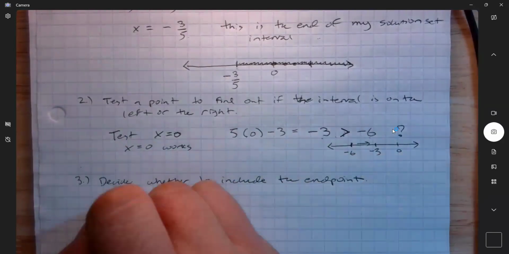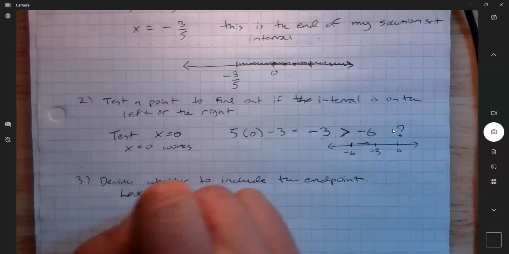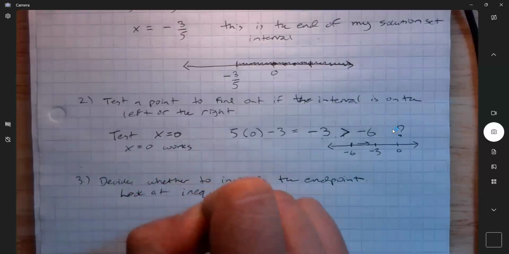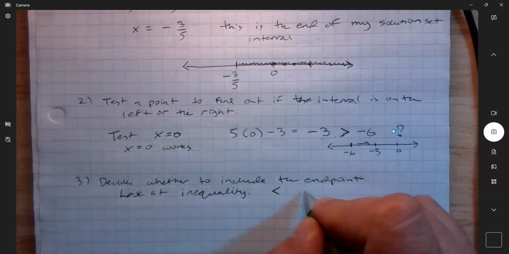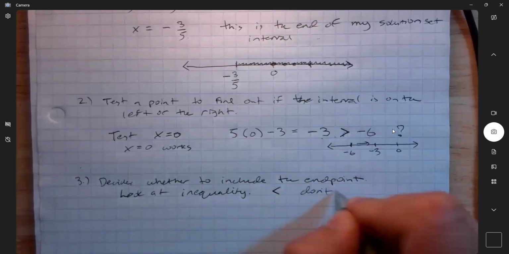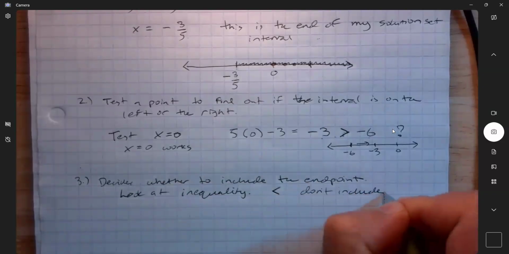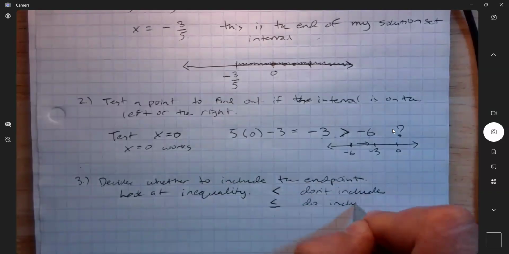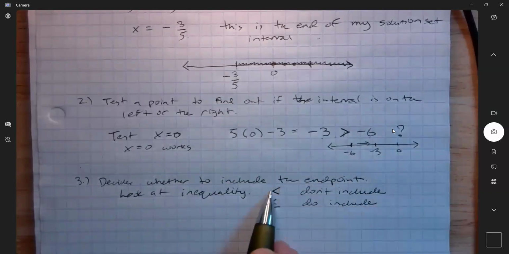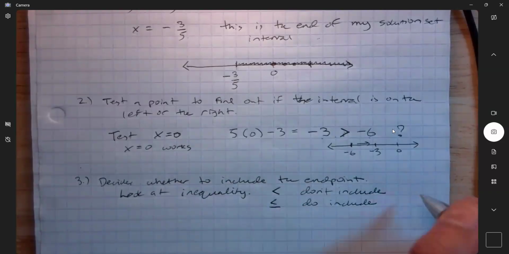From this, you look at the inequality. If it looks like that, it means don't include. If it looks like that, it means do include. All right, because the strictly less than means you cannot include the endpoint, but the less than or equal means you can. And the same if it's greater than or greater than or equal.